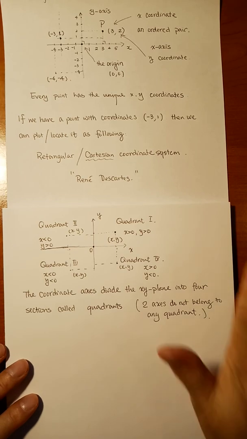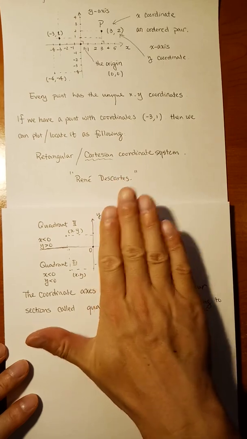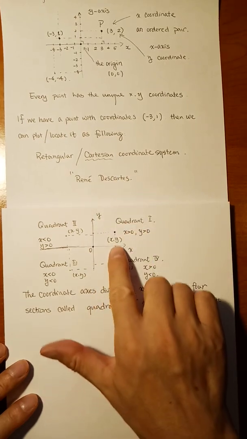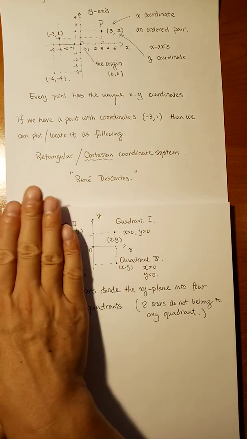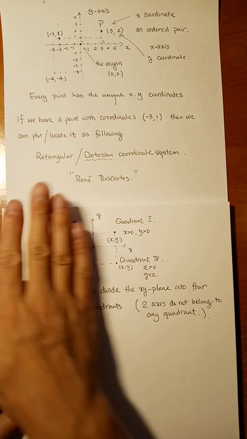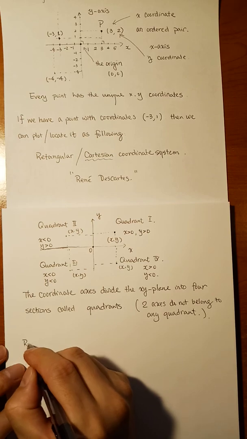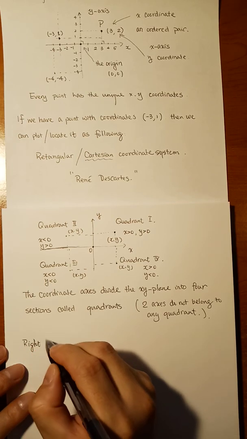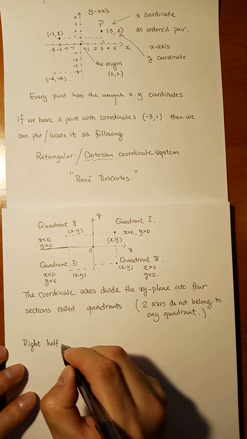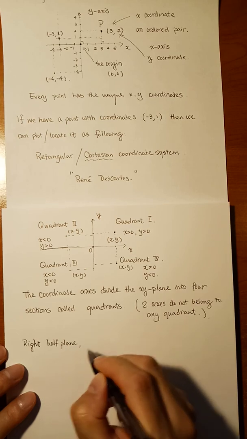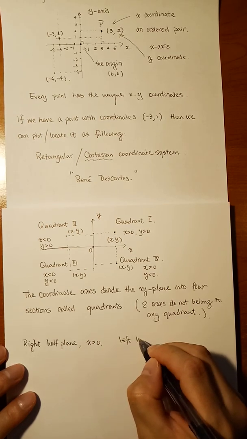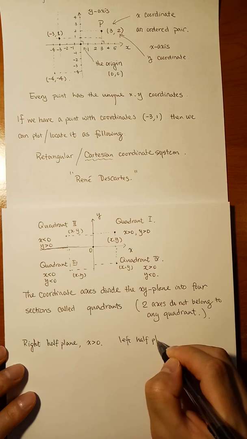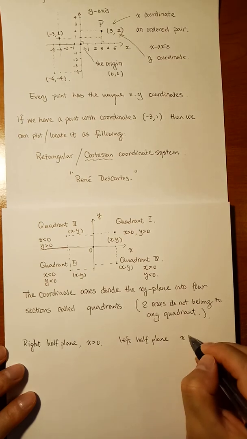Basically, on the right-hand side, x is always positive because you project to the positive part of x. Right half plane, x positive. Left half plane, x negative.